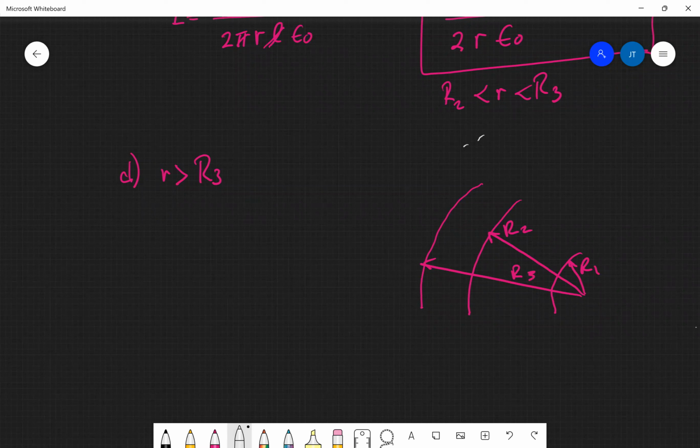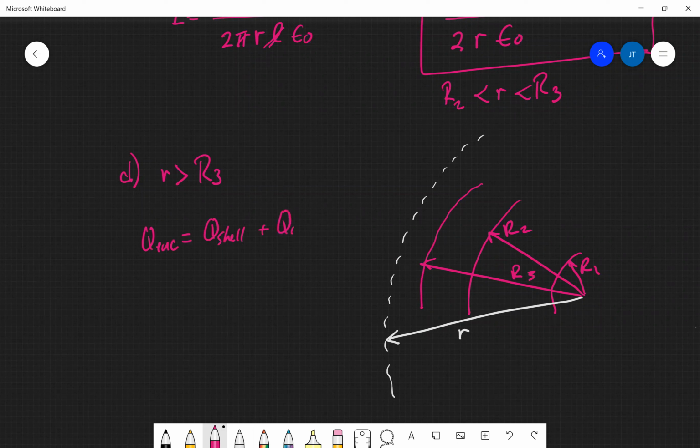My Gaussian surface is at a distance r outside R3. So my Gaussian surface contains the shell and contains the inner cylinder. So Q enclosed is now Q shell total plus Q cylinder total. Okay?